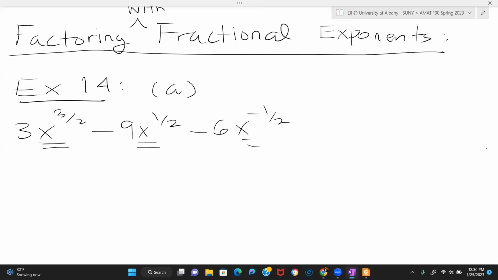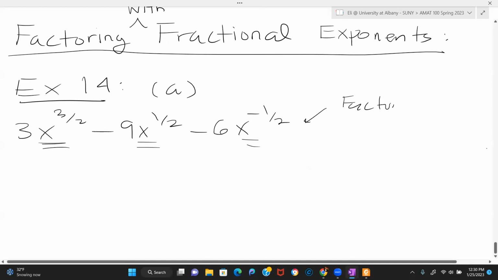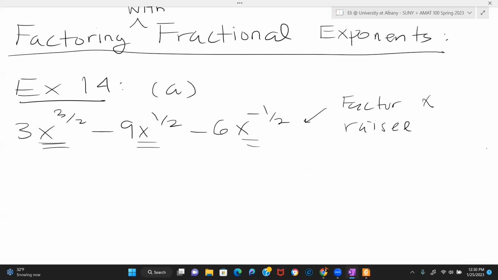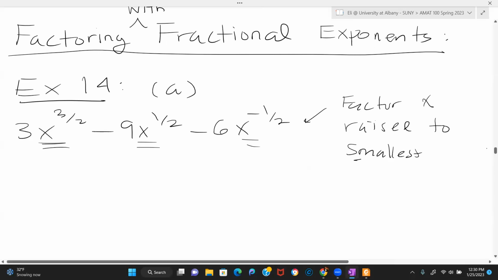So the idea is, what you want to do is factor out x raised to the smallest power. That's in general how this always works, it's still the same idea.